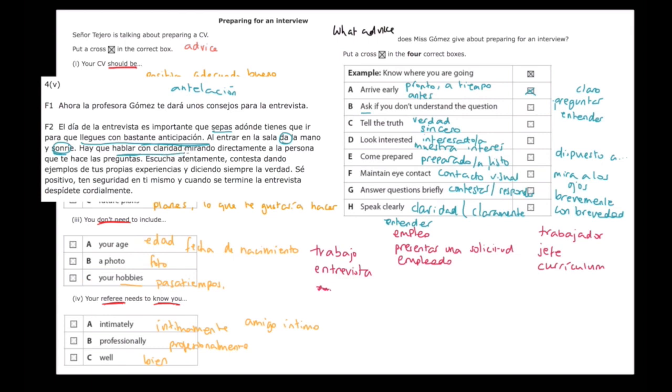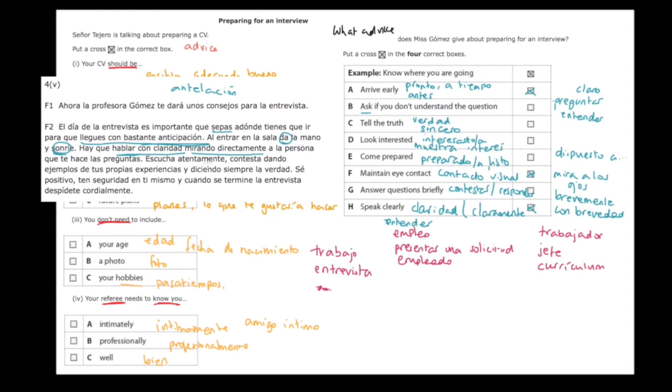Hablar con claridad, so speak clearly, mirando directamente a la persona que te hace las preguntas, looking directly to the person, so maintaining eye contact. We didn't get mirando, but we thought about mira a los ojos, so in the same theme.